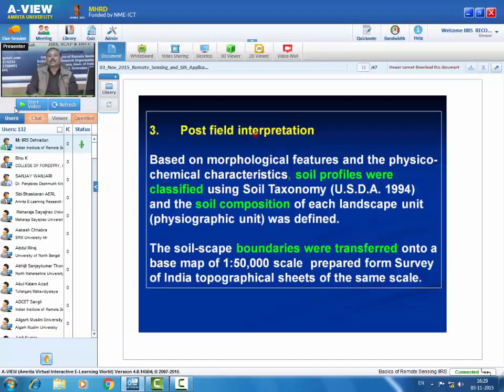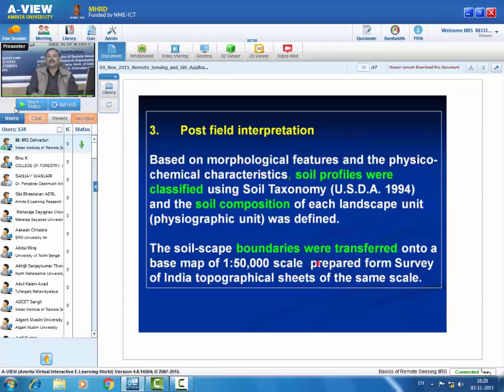So post-field interpretation includes characterization of the soil profiles, and then we classify the soil based on soil taxonomy, and then we prepare the fresh boundaries. We delineate the landscape unit, which is known as a physiographic unit.